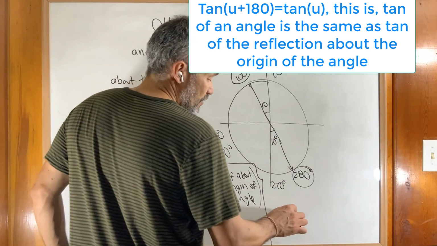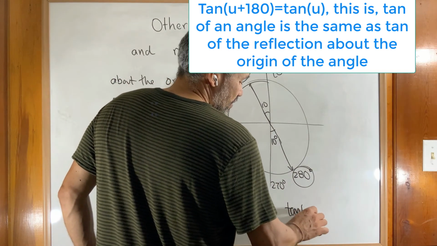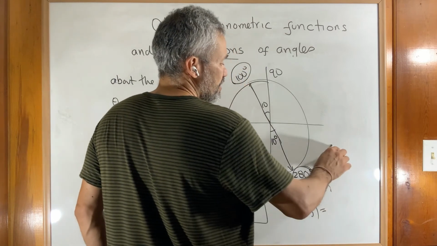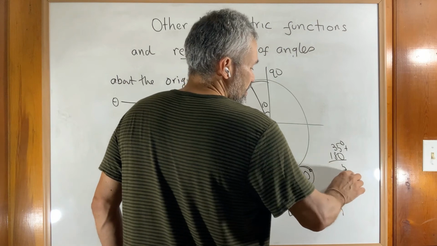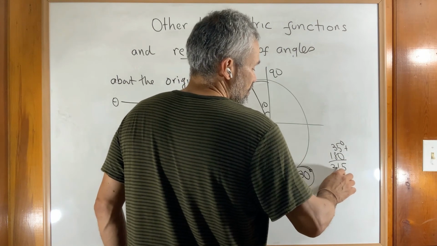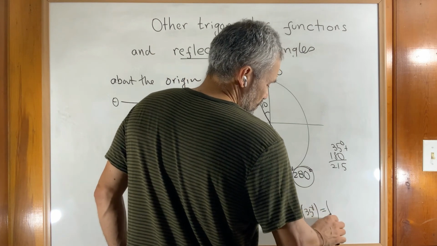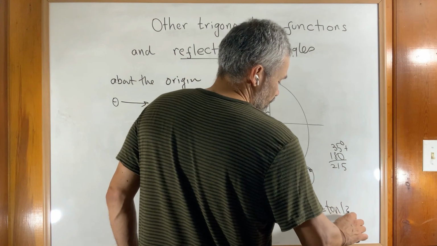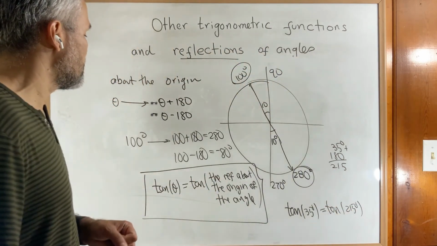You can check with your calculator. If you compute tangent of 35 degrees and you compute the reflection about the origin, one way to do it is 35 degrees plus 180. This is 215 degrees. And then you can check that tangent of 35 degrees is just tangent of 215 degrees. That's easy to check.